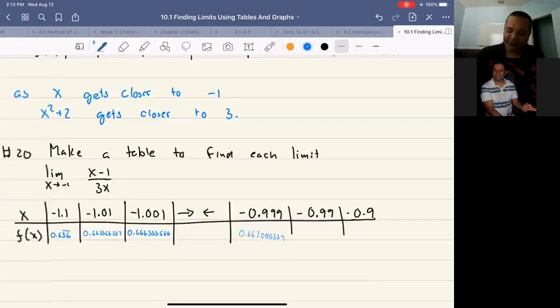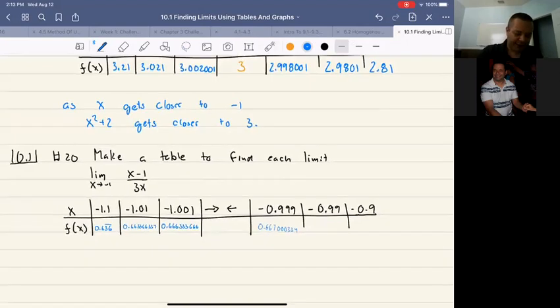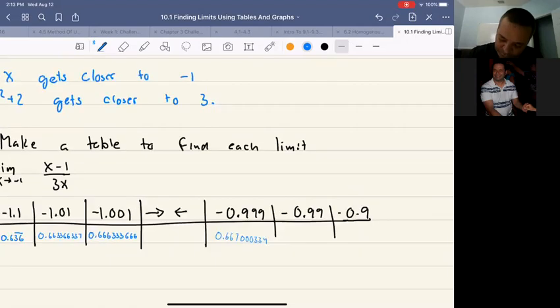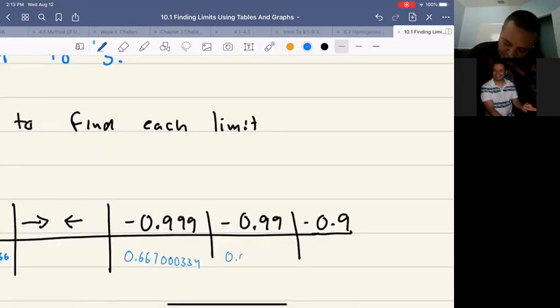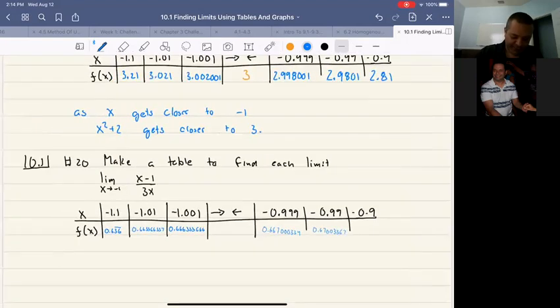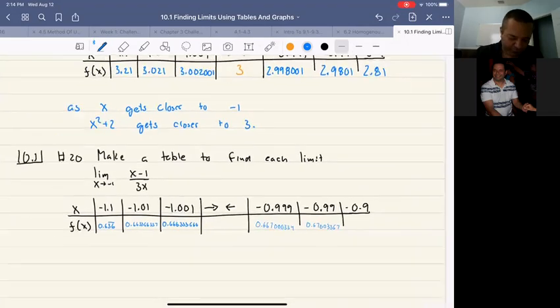Do the same thing with -0.99, and I get 0.67, 0.03367. Finally, with -0.9, I get 0.70.